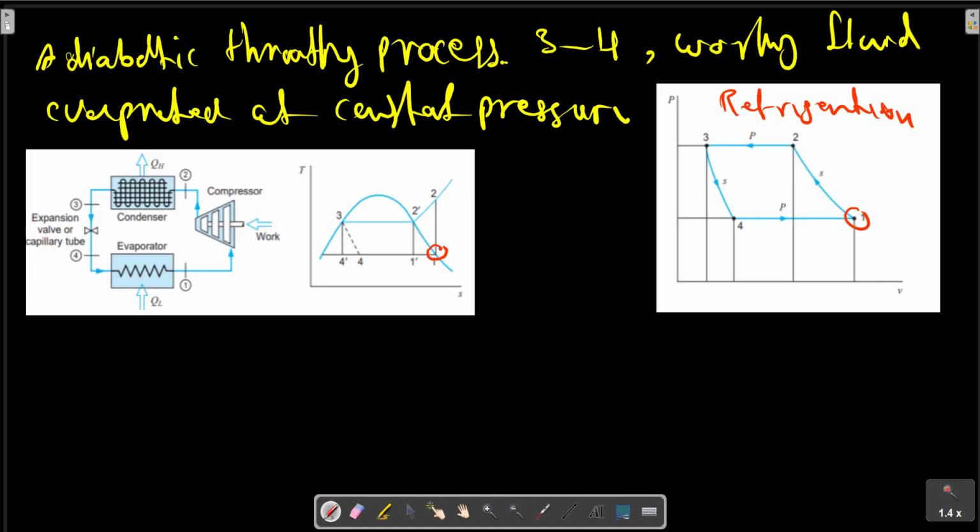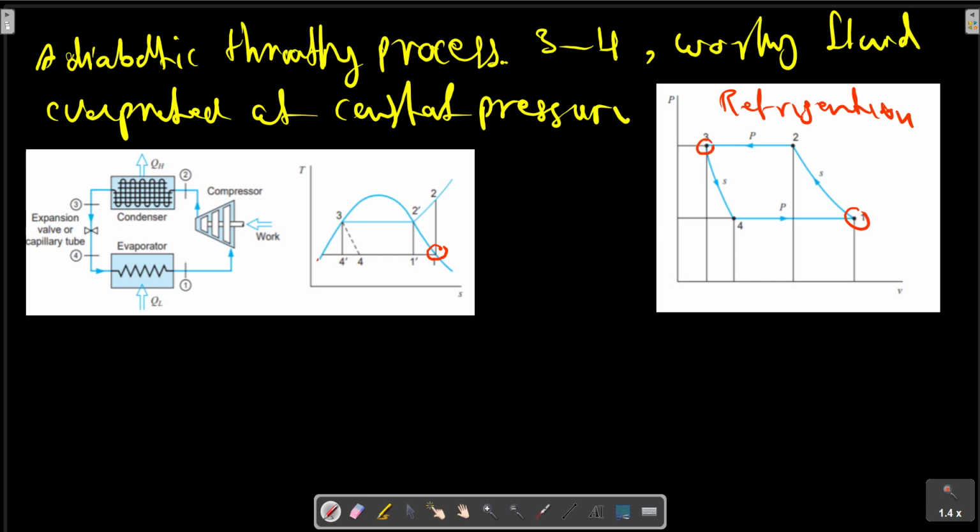Anyway, state 1 is saturated vapor, and state 3 is saturated liquid.